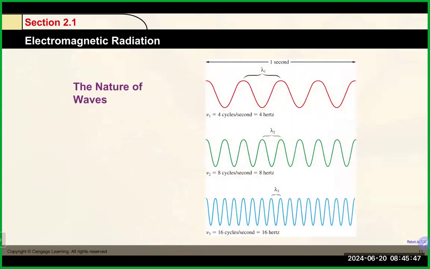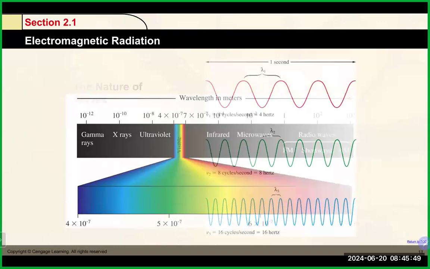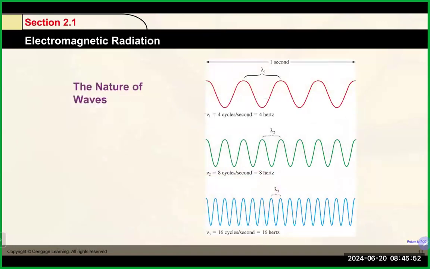All right, so let's also talk a little bit about waves and energy as well. There is a relationship between the wavelength, the frequency, and the energy associated with those waves. If we have something that has a longer wavelength, and so a lower frequency, that usually is a wave that has lower energy.